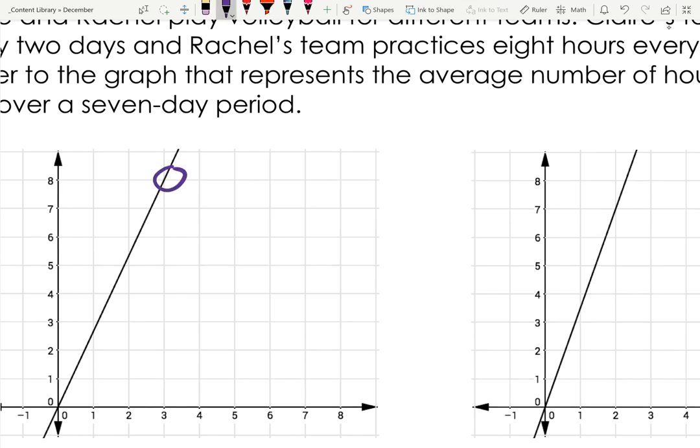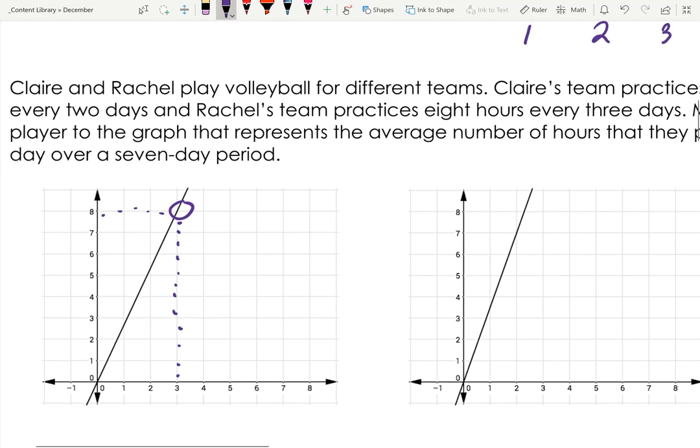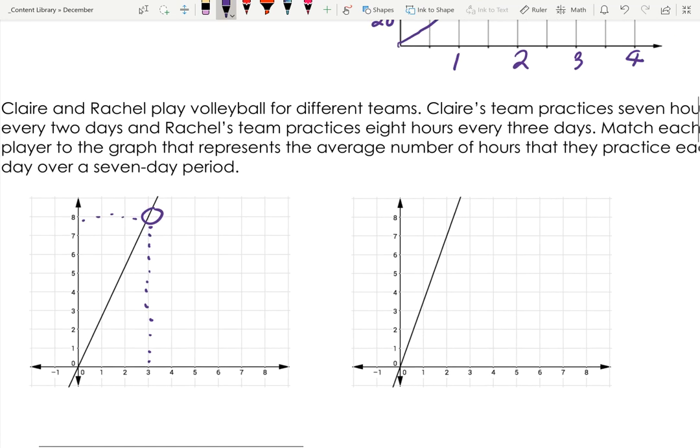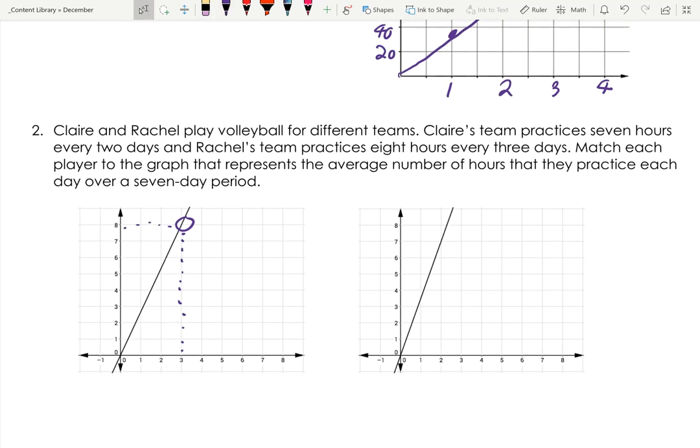And that's, of course, at 3, 8, right? Essentially, this one matches, let's see, what did they say? Rachel's team practices 8 hours every 3 days. So there you go. That's what we're looking for.